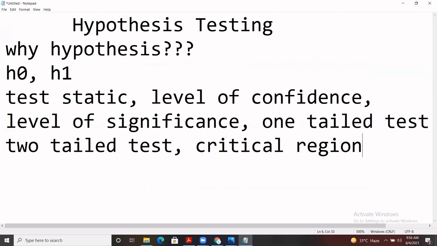Some more things, like these are some technical jargons that might be quite new for you, but these are involved in the process of hypothesis testing.